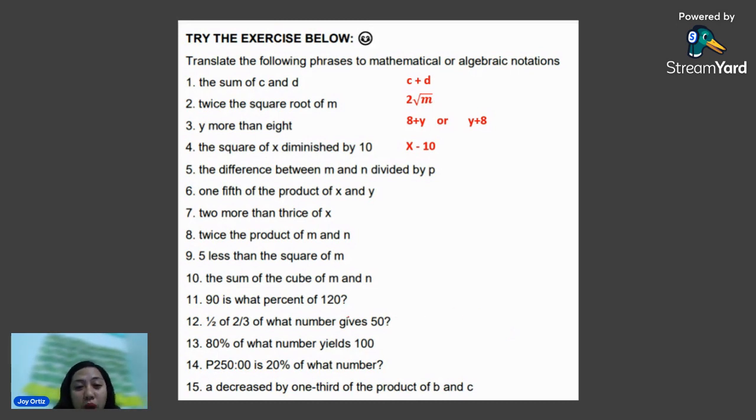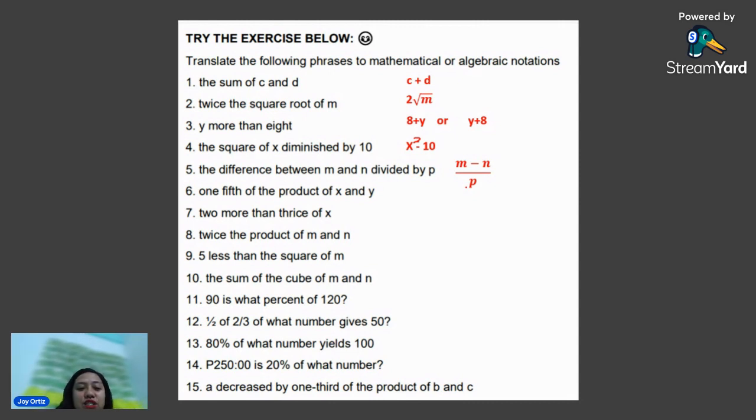I mean x squared minus 10, because the square of x diminished by 10. How about number 5? The difference between m and n divided by p. Okay, the algebraic notation is m minus n over p.